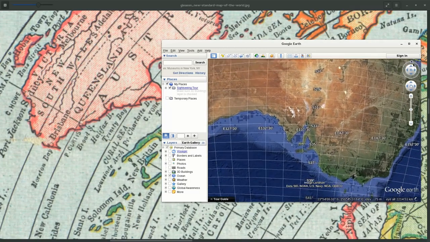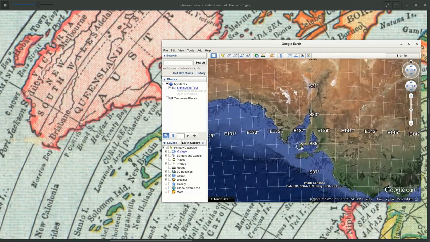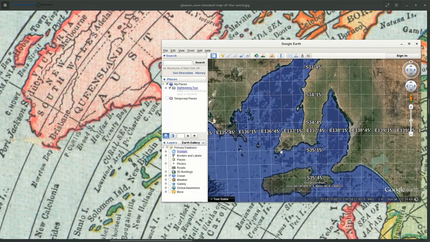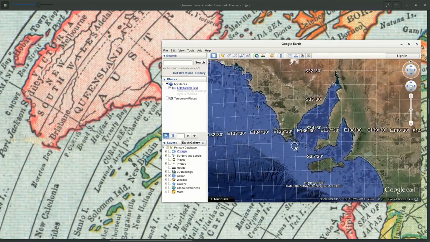So then I decided to look at latitude lines. And I think I went to 135 on this one here, 135 east.